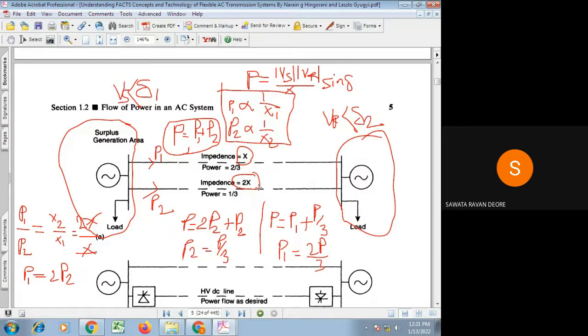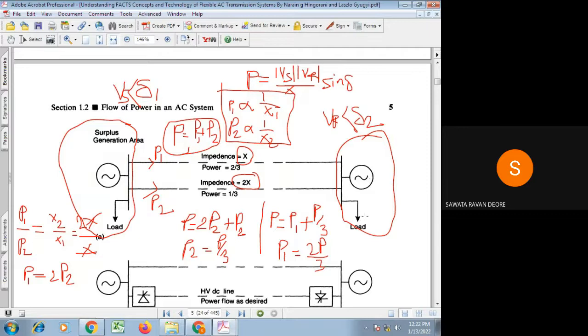But if there is increased load always in a region, then upgradation of the line which is getting overloaded needs to be done. Then and only then will further exchange of power be possible.